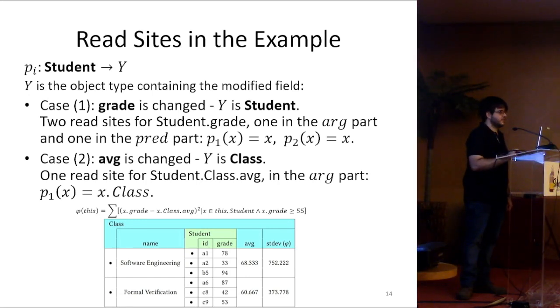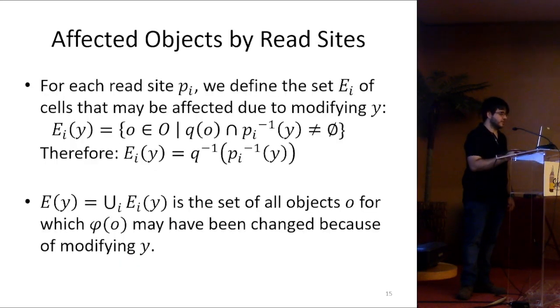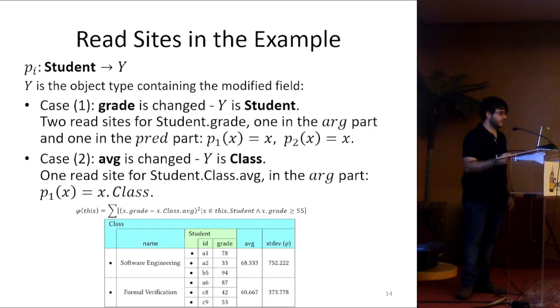In the first case, a grade is changed. So Y is student because grade is contained in the student. And the grade is found twice in our example: once in the arg part, in the left part, and once in the right part, in the predicate. So in this case, we have two read sites for grade, which are both the identity function, pi of x is x.